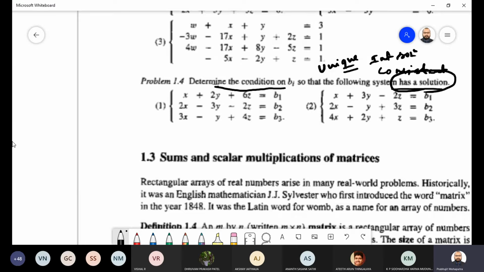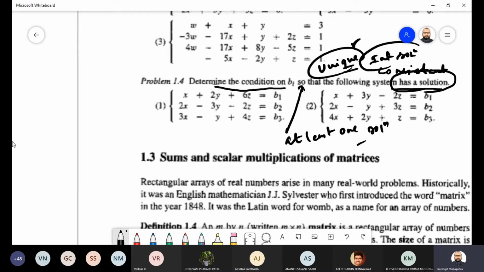So it is not saying that it should have a unique solution. It is saying whether the system is having a solution or not. Having a solution means it should have at least one solution.